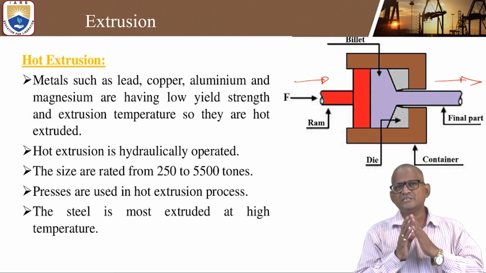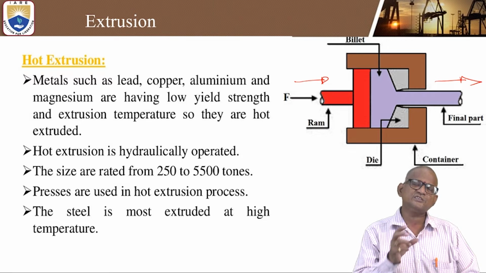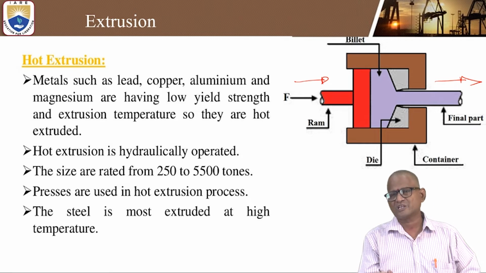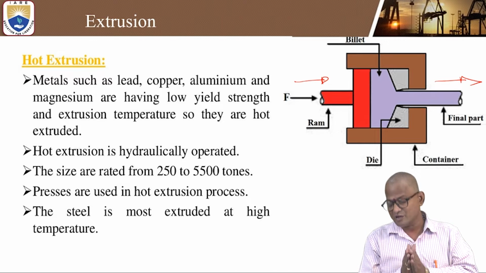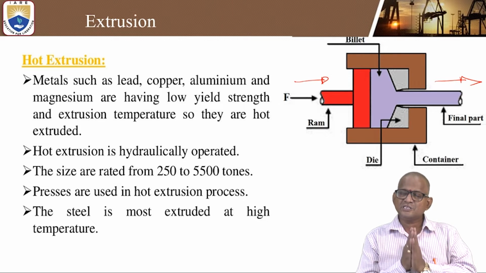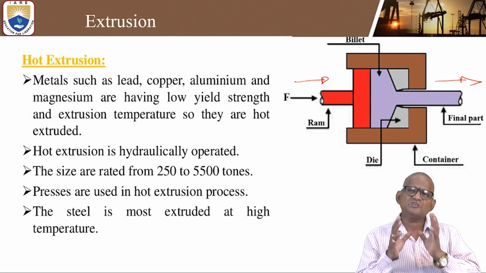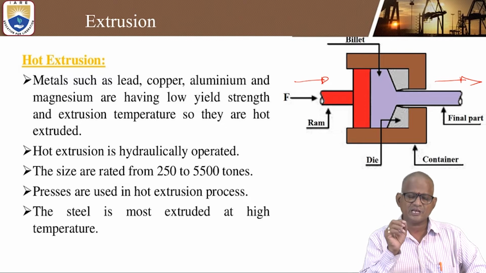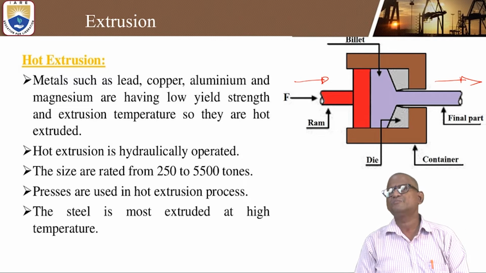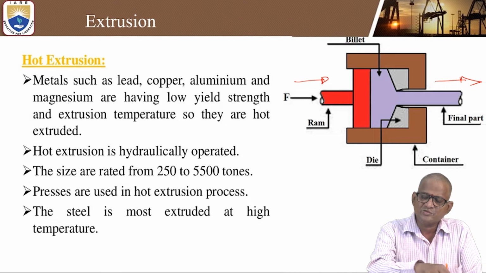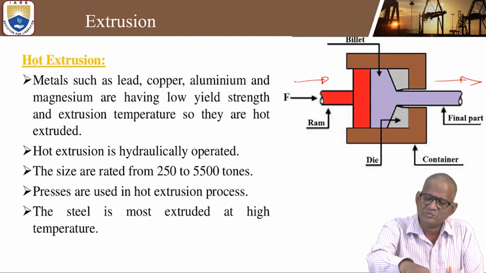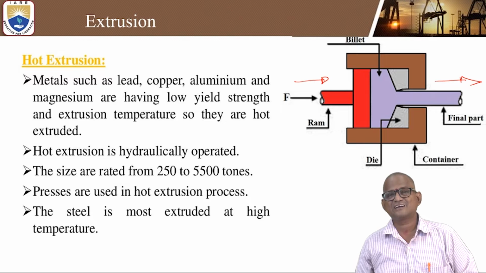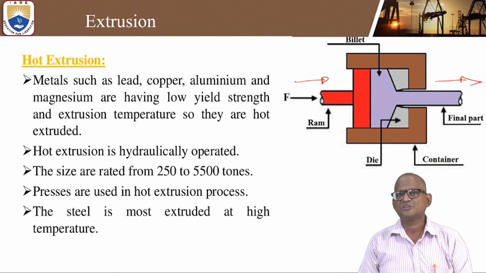Okay, and hot extrusion also comes under the metal working process or mechanical working of metals. In this case also, an effective amount of raw material can be utilized. Here also there is negligible wastage of material. Whatever amount we keep inside, the same amount comes out, and there is no wastage in hot extrusion also.